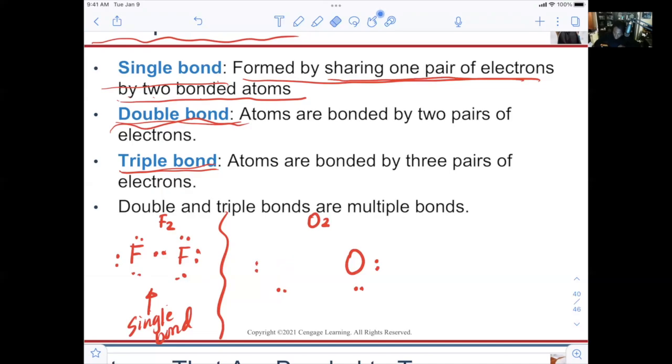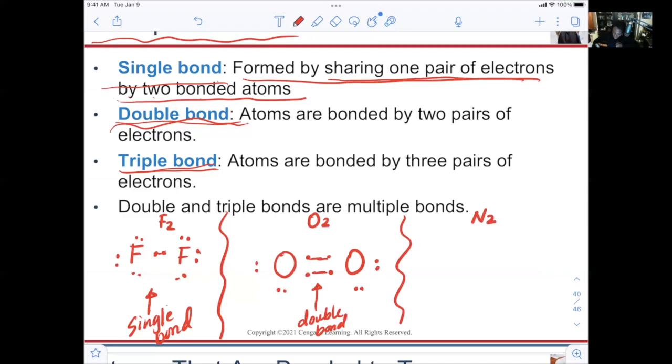Oops, I didn't mean to erase the whole oxygen. Y'all see this right here pairs with this right here. So these are paired together like that, and so these become the double bonds, as they are shared.